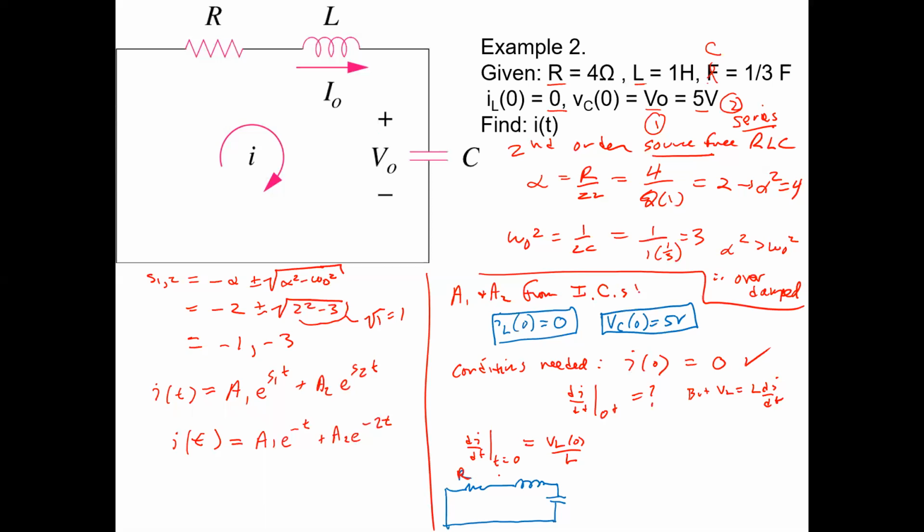This is R. This is iL of 0, or i equals 0 flowing through that inductor. This is vL of 0. So this is the circuit at t equals 0 plus, right? It's kind of hard to squeeze it all in there. I don't know if you're having any better luck than I am. That's vL of 0. Can you read that? And then this is plus or minus vC of 0, which we're given as being 5.